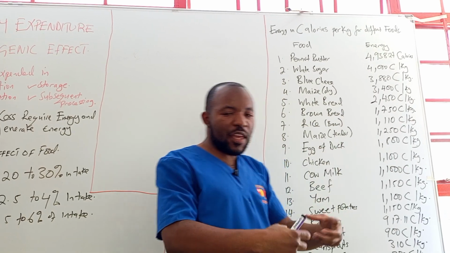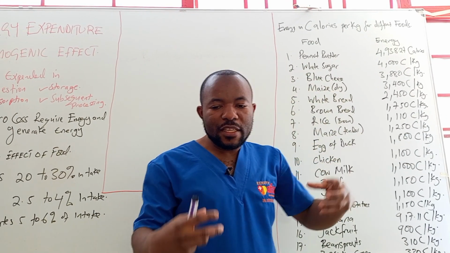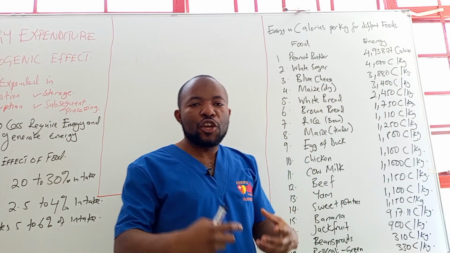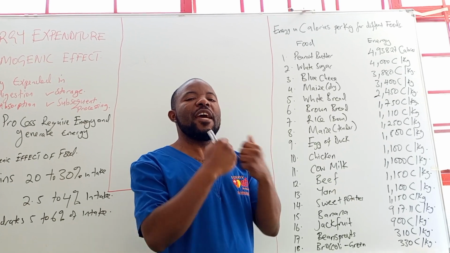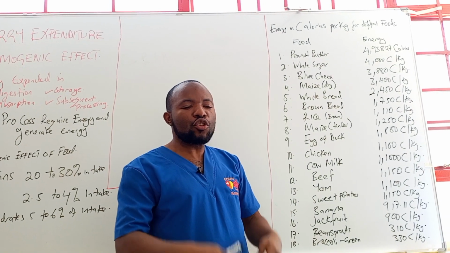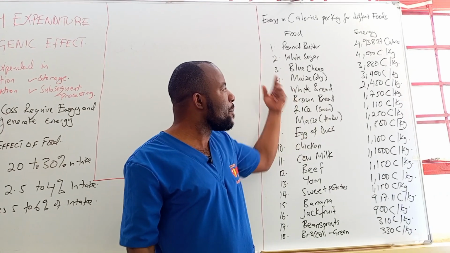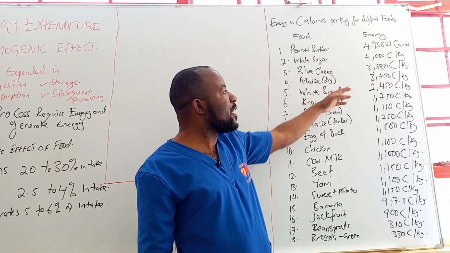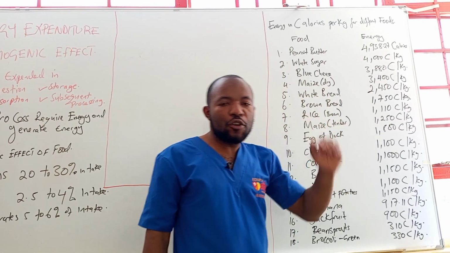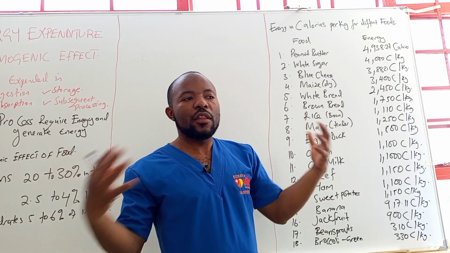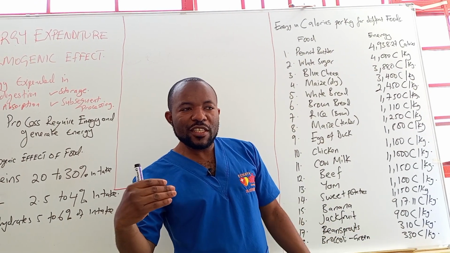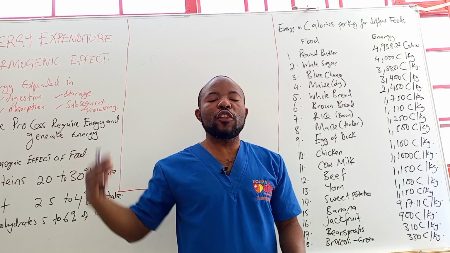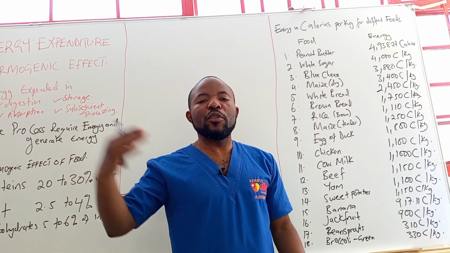So when you are chewing anything to do with maize, ugali, pancake, that maize requires some energy to break down. And so the energy used to break down maize is subtracted from the energy you are taking in. So if you have taken in 3,400 calories through the ugali you have eaten, the question is, how much was subtracted and how much did you retain? How much is going to be used for the basal metabolic effect and how much is going to be stored?